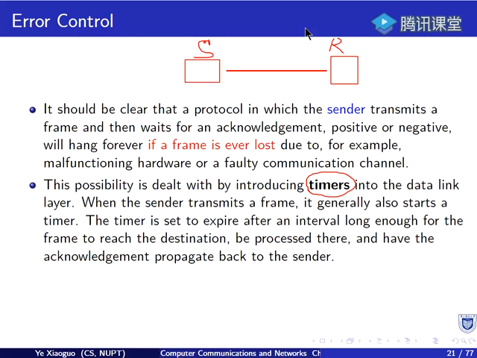The timer is set to expire after an interval long enough for the frame to reach the destination, be processed there, and have the acknowledgement propagate back to the sender. So that is just like this. This is the sender. This is the receiver.